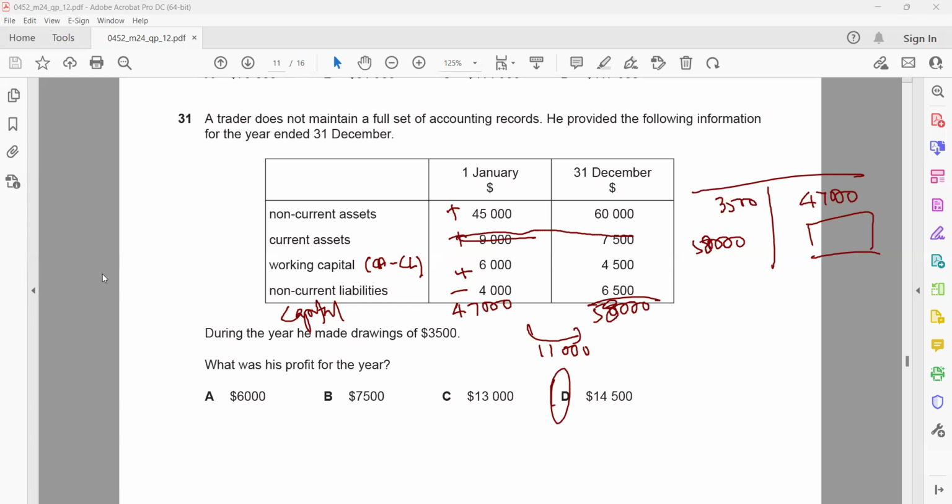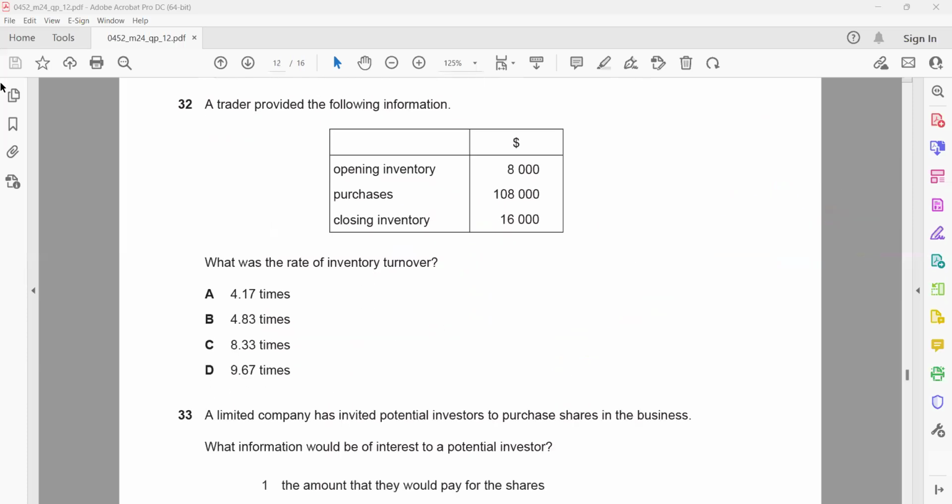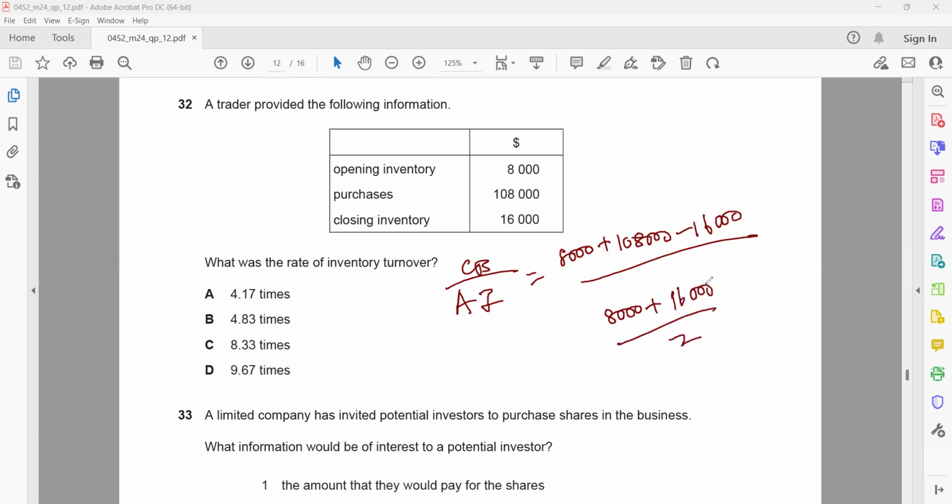Okay. Now next is 32. A trader provides the following information. What was the rate of inventory turnover? Rate of inventory turnover is cost of sales divided by average inventory. So the cost of sales is opening inventory 8,000 plus purchases minus closing inventory, and then average inventory is 8,000 plus 16,000 divided by 2.